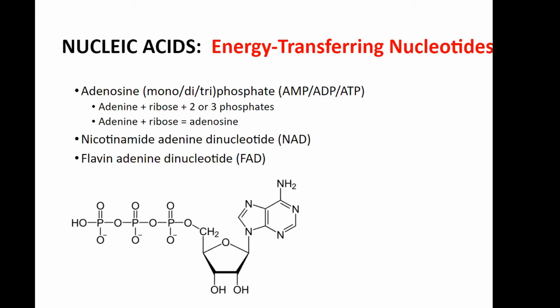We'll be able to remove parts of it and add parts of it. And we'll also have flavin adenine dinucleotide. We'll sometimes remove parts of it. We'll sometimes add parts of it. And we'll talk about exactly what we're removing and adding when we start talking about metabolism, and how those are going to work together to form ATP.